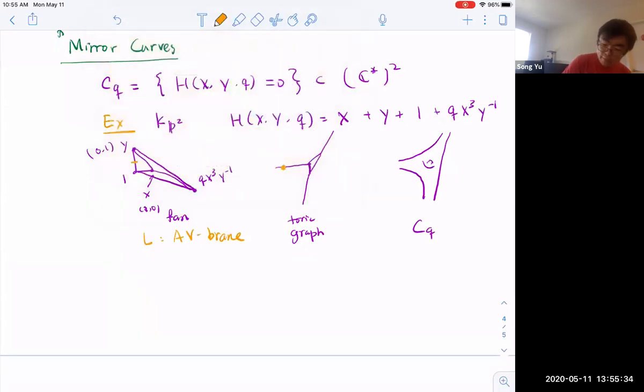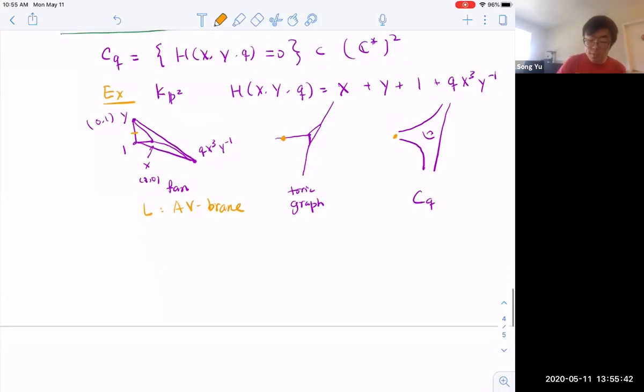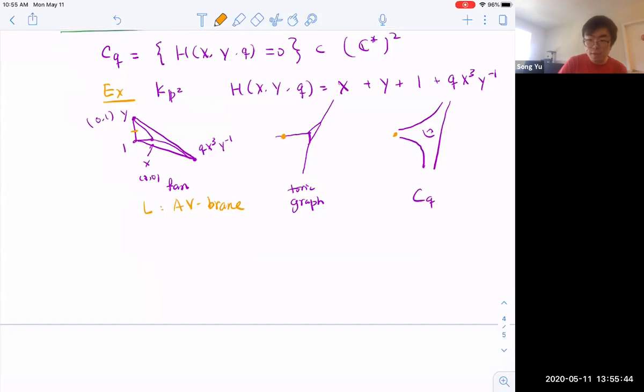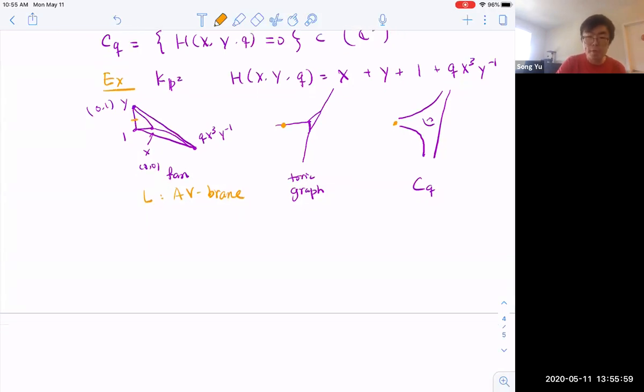But in the picture of the mirror curve, it will correspond to a puncture on the mirror curve, the puncture corresponding to this leg. But in general, the Aganagic-Vafa brane can have non-trivial generic stabilizers, so it will correspond to a series of punctures corresponding to this leg, and that's more complications in the orbifold case.